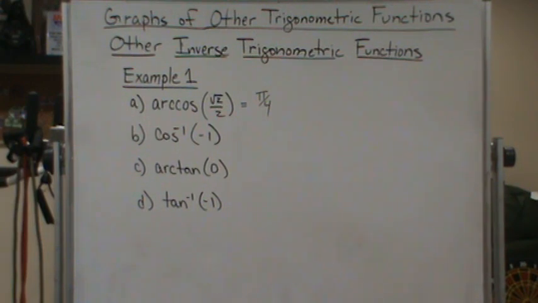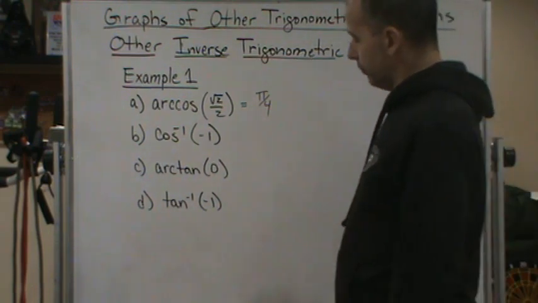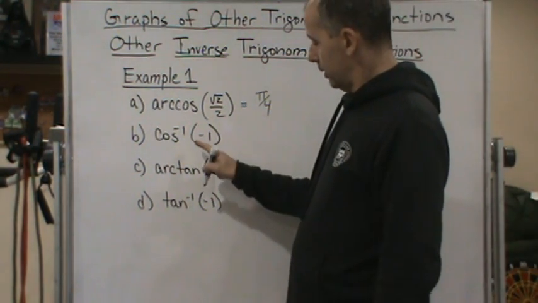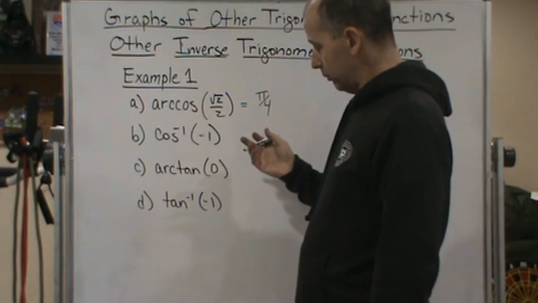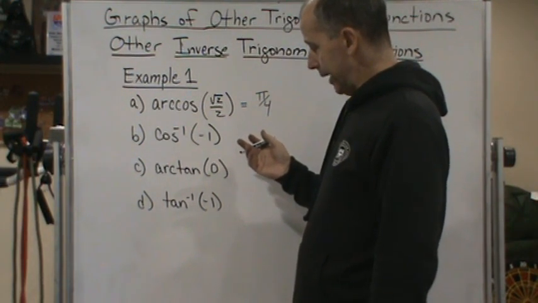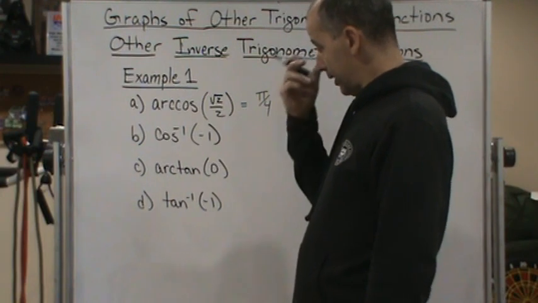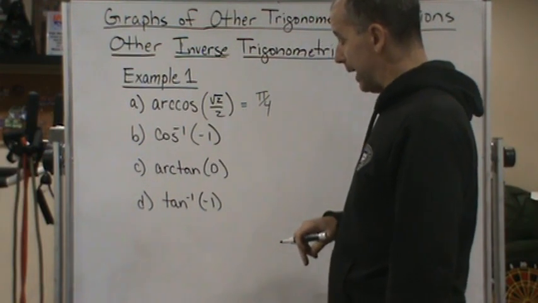Now what about inverse cosine of -1? So again, we go from -1 to 1, and the range goes from 0 to pi.